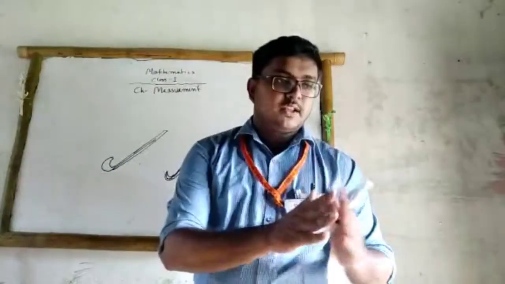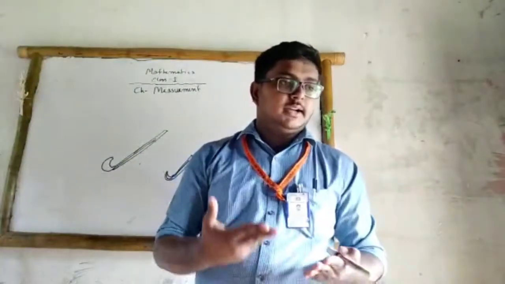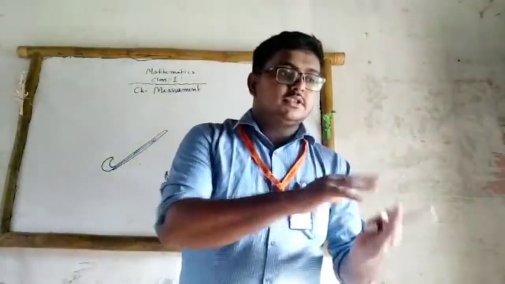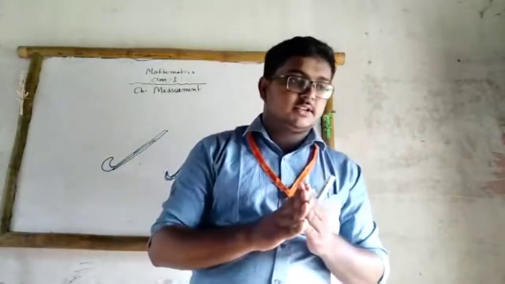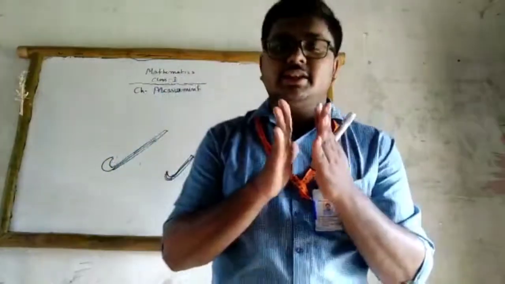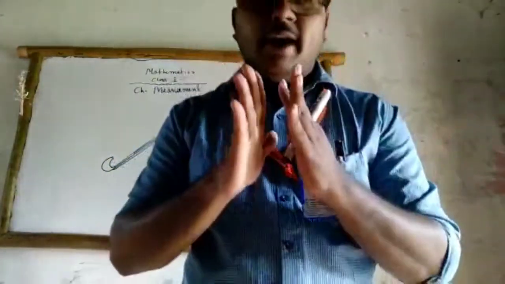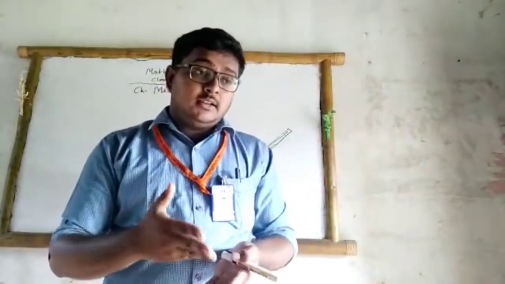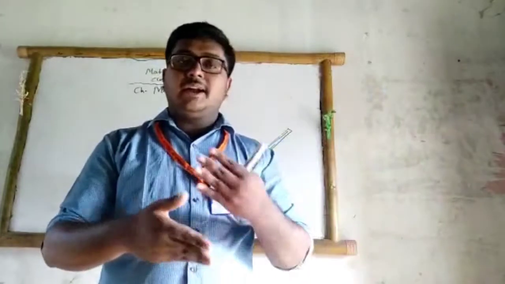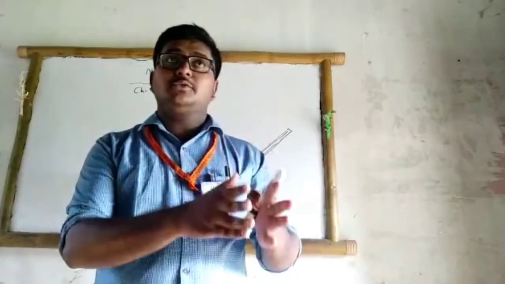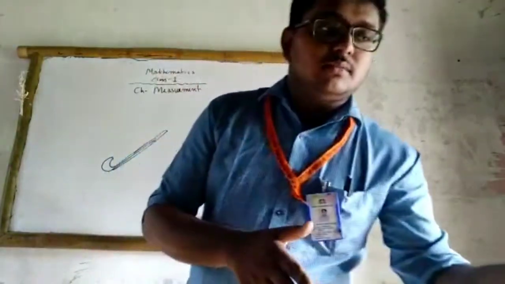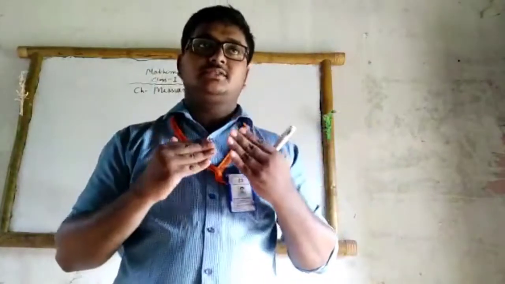Now students, another two words are tallest and shortest. Tallest and shortest are used for comparing the height between more than two objects. When you compare more than two objects, you have to use the words tallest and shortest.